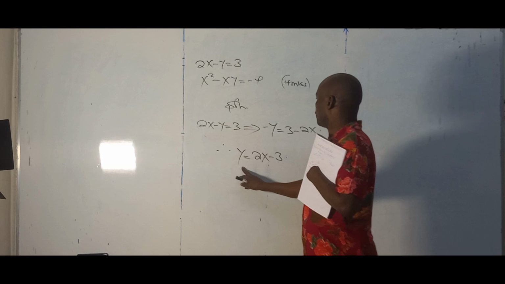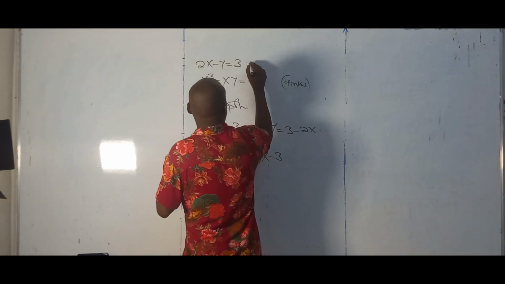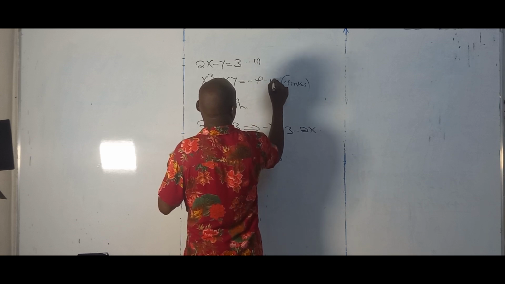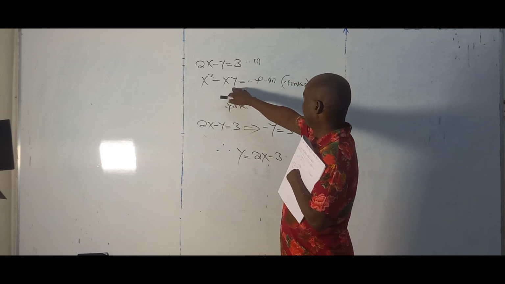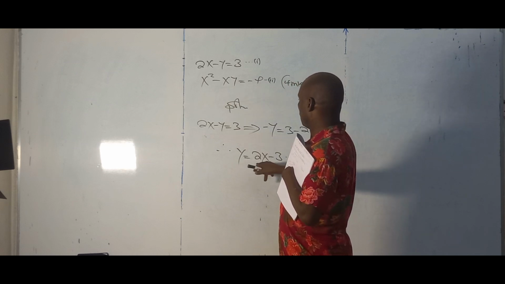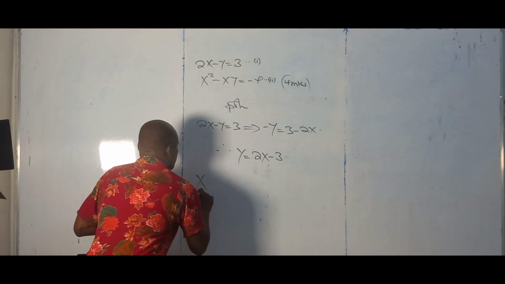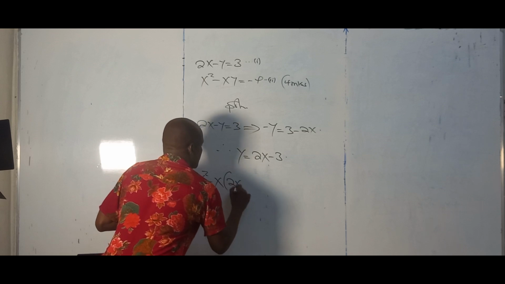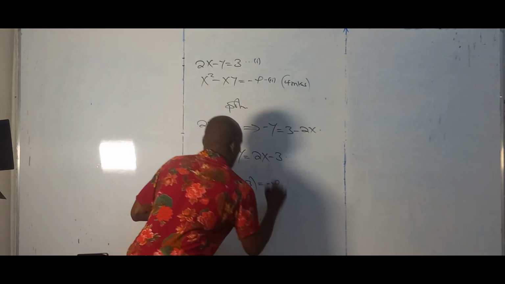So we substitute where there is y in the second equation, because this is equation 1, this is equation 2. In the second equation, wherever there is y, we put this. So x squared minus x into 2x minus 3 is equal to minus 4.